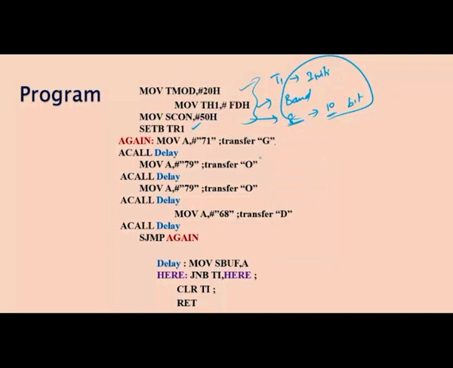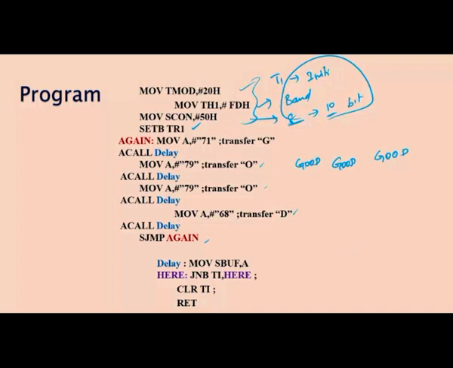After completing that, it will return back, right, then O will be transmitted, then it goes to delay. Similarly O and D are transmitted, then I will stop the process, or you can repeat it. Automatically, the word GOOD will come repeatedly. Either you can repeat it or you can stop it.